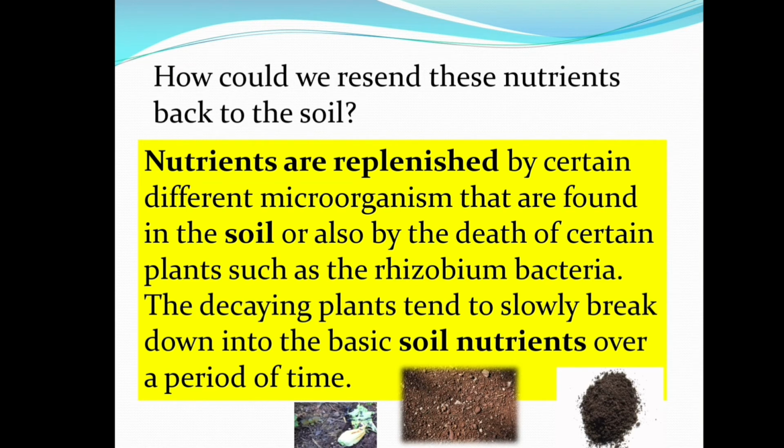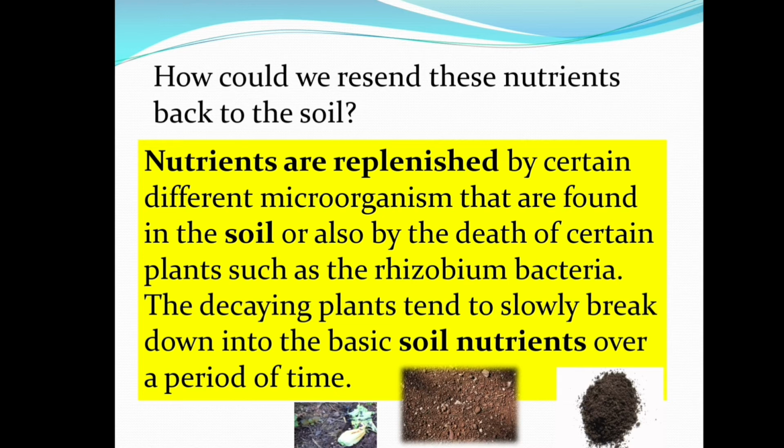So, how can we send the nutrients back to the soil? The nutrients are refilled by certain different microorganisms found in the soil, such as the bacteria rhizobium, and also by the death and decay of plants, which slowly break down into the basic soil nutrients over a period of time.